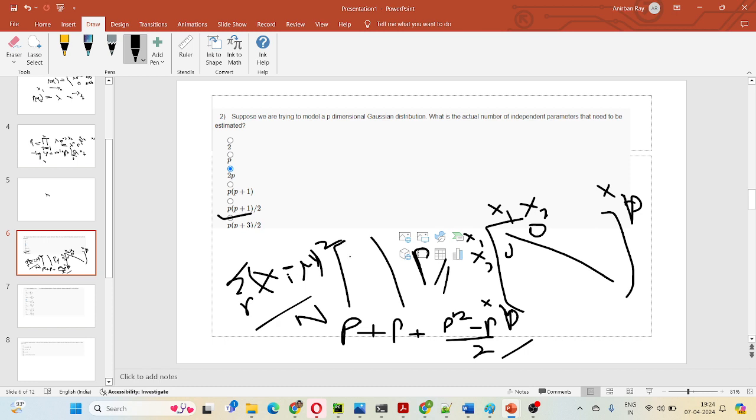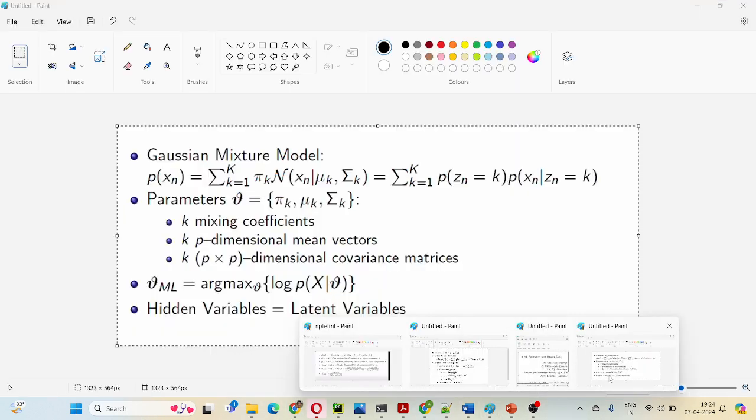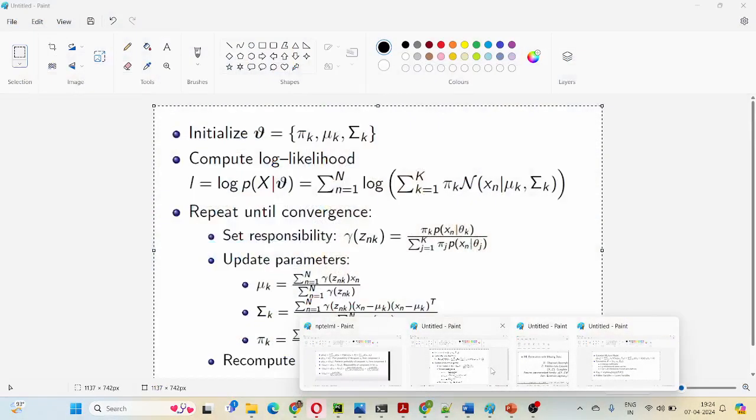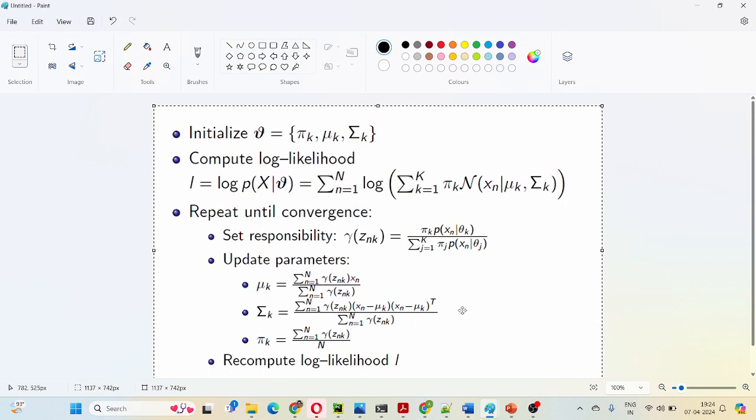So the matter of fact is that you have a lot of parameters. To estimate the parameters, what you will do is integrate with respect to those parameters.